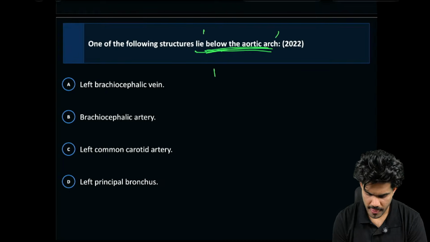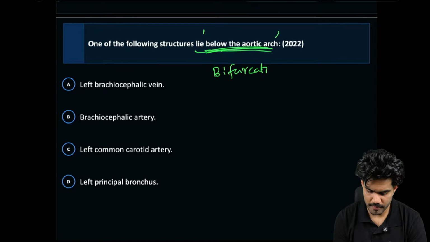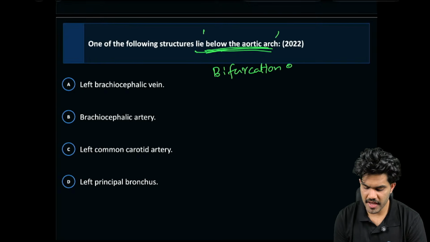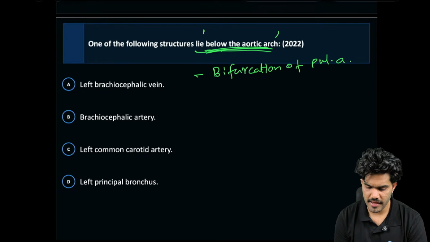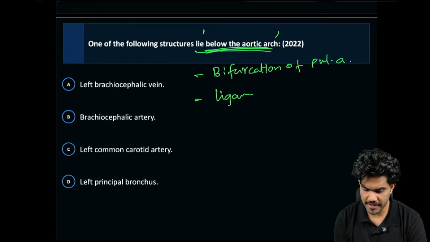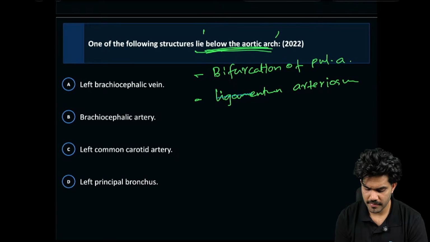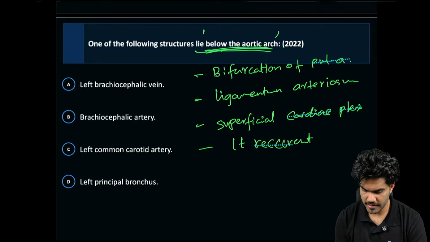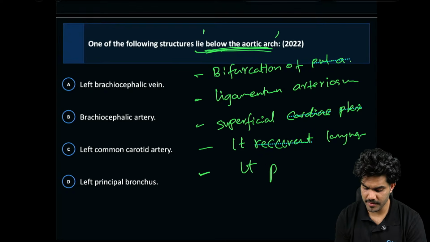The inferior relations of the arch of aorta: bifurcation of pulmonary artery, ligamentum arteriosum, superficial cardiac plexus, left recurrent laryngeal nerve, plus left principal bronchus.